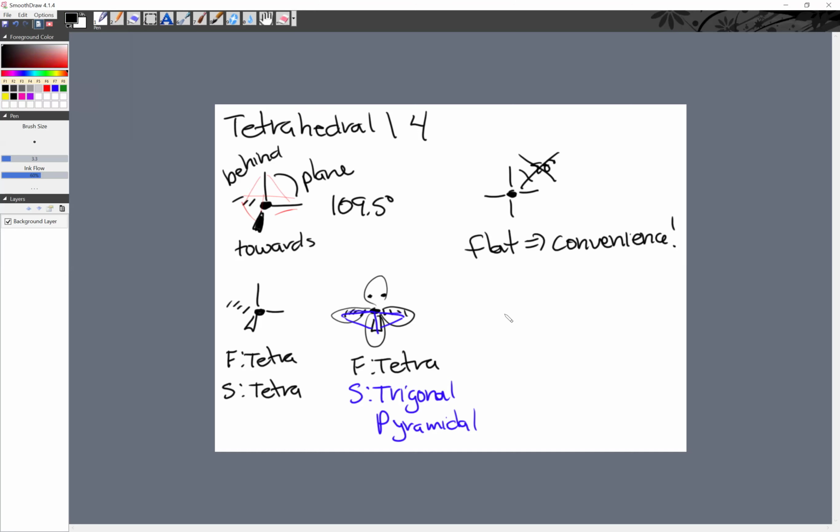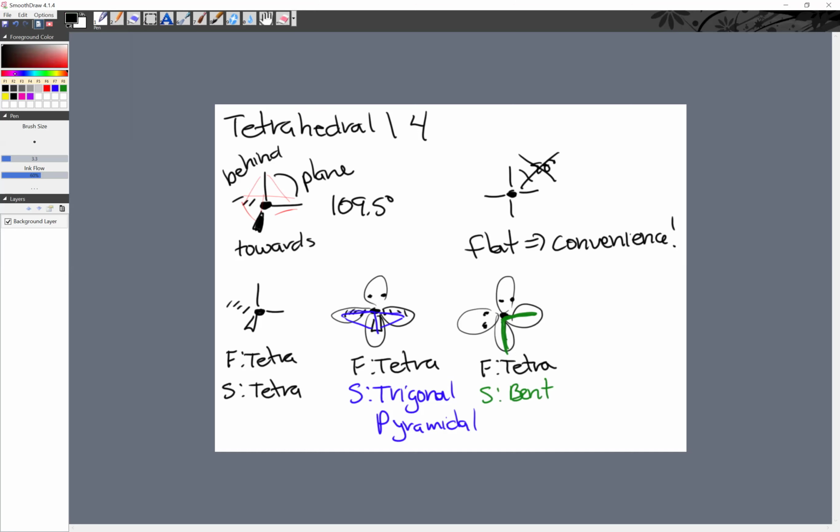Well, what if there's 2? I'll put a lone pair here and a lone pair here, and that would leave 2 bonds. So again, I have 1, 2, 3, 4 things. And so my family is again tetrahedral. Therefore, my angle is 109.5, but my shape is only going to be dealing with those 2. So my shape is bent.